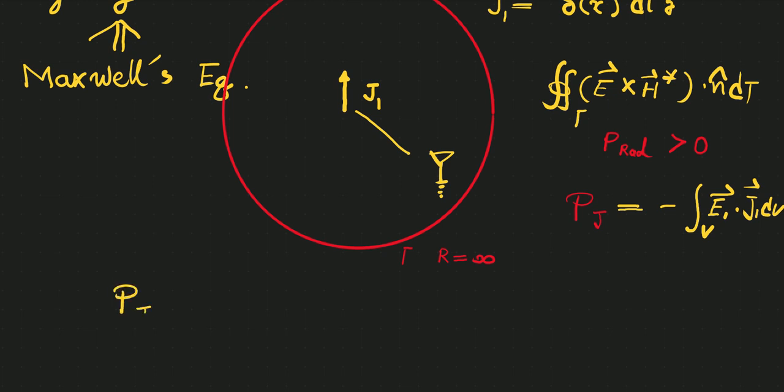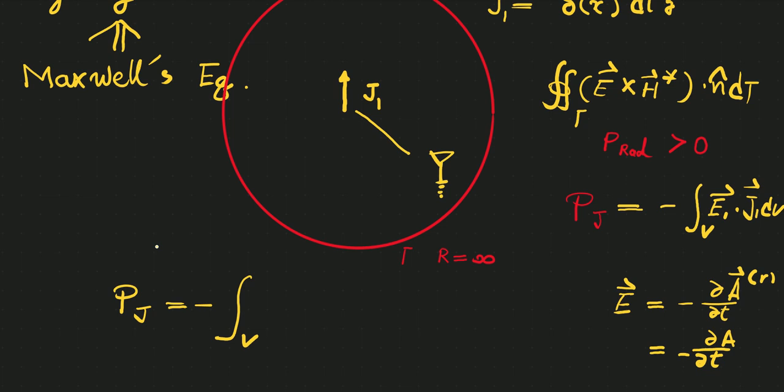So P current equals minus V E, E. What is E? E equals A retarded. However, because it is very close to the current, it is just equal to A. In a very close place, retarded A equals this A.